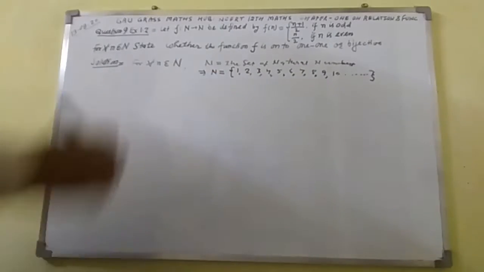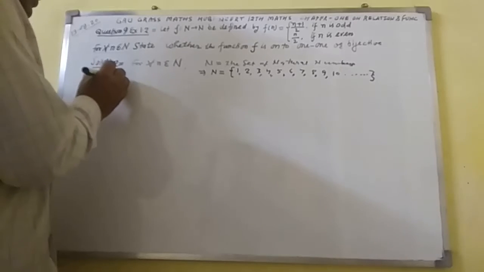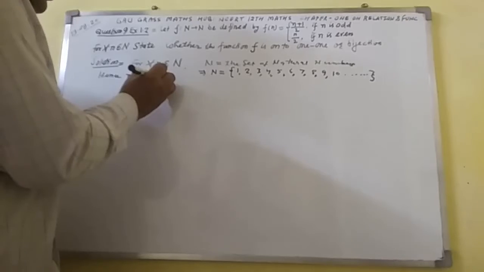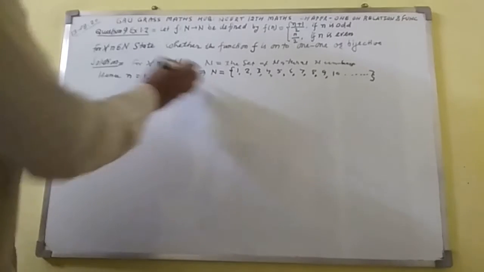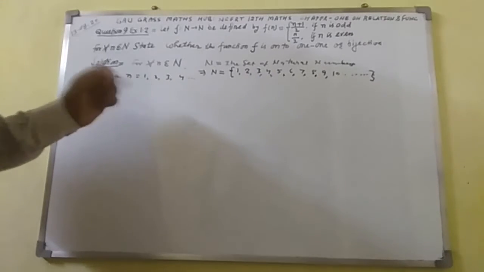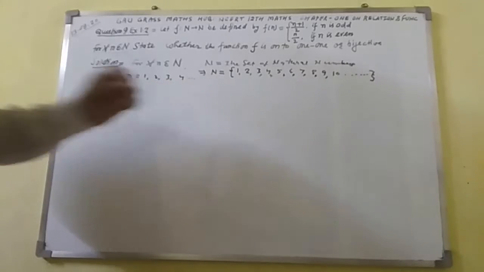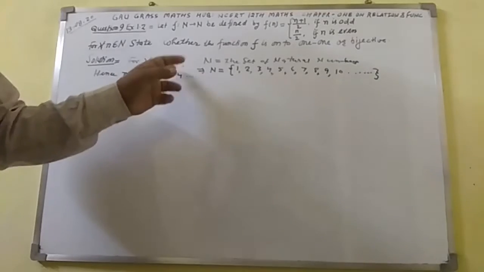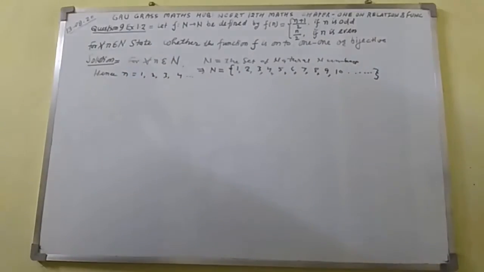The value of small n can be 1, 2, 3, 4. The value of small n can be taken as n = 1 or n = 2 or n = 3 or n = 4, because here small n belongs to capital N, the set of natural numbers that I have defined.